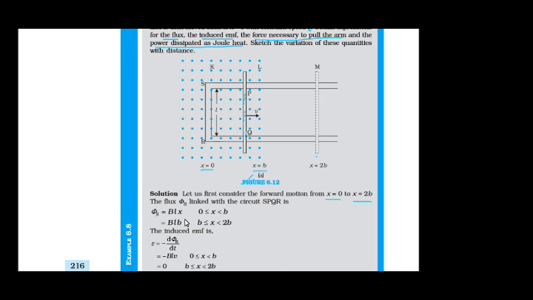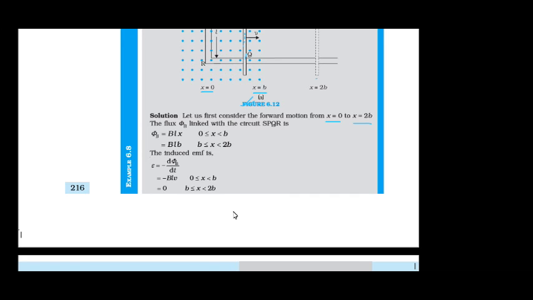The induced EMF is E equal to minus d phi by dt. Instead of phi we can write, minus BLv, where x is greater than or equal to 0 and less than b. So for the value of x greater than or equal to 0 and less than b, we get EMF equal to minus BLv.